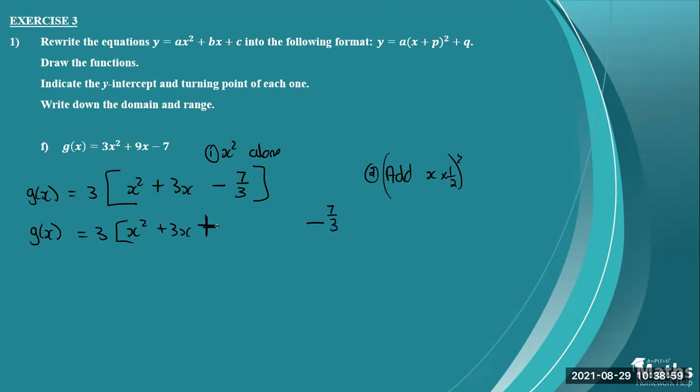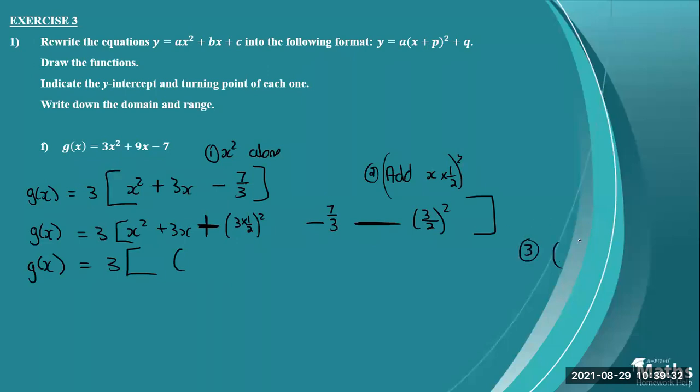Now we add the coefficient of x, which is plus 3, multiplied by a half, and square it. And what we add, we subtract again. 3 over 2 squared, and keep everything in a big bracket. If you practice this, unfortunately, you have to practice. Otherwise, we go into panic mode if we didn't practice this beforehand.